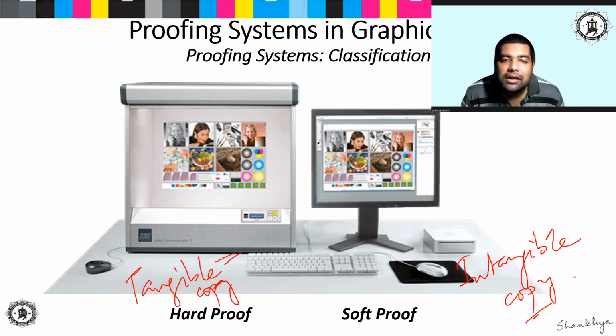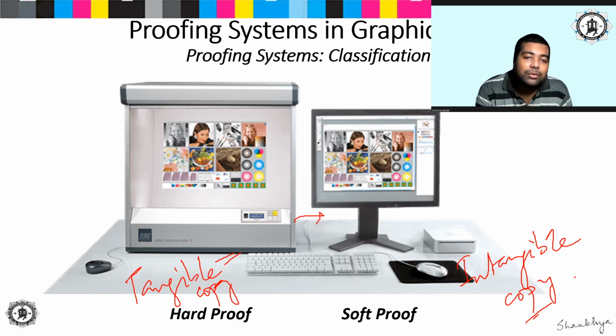A large part of the color management workflow today ensures that there is similarity between your soft proof and the hard proof, and this is perhaps one of the most difficult processes that we'll be coming across. That is why I'm not going into all the details of how this similarity is maintained. We have to maintain a strong visual parity between your proof and the original. See, there are three things here.